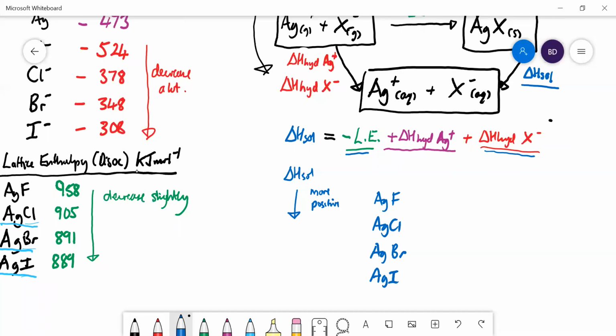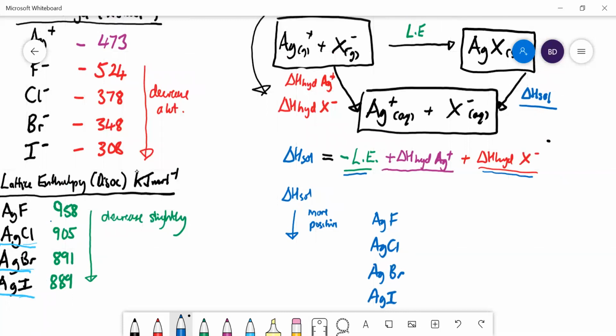Right, so for the fluoride, you've got this lattice enthalpy here, and then you've got this very, very negative delta H hydration of the fluoride ion. And that is enough to make AgF delta H sol slightly negative. It's minus 39 kilojoules per mole.